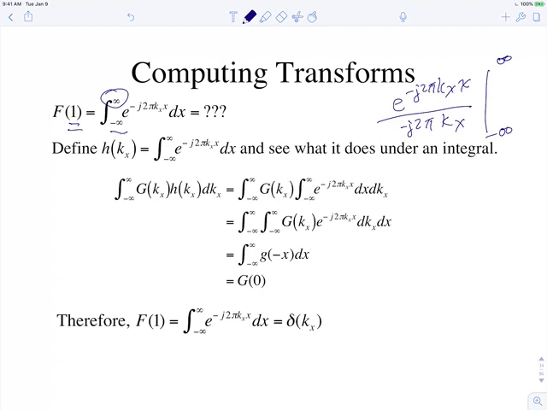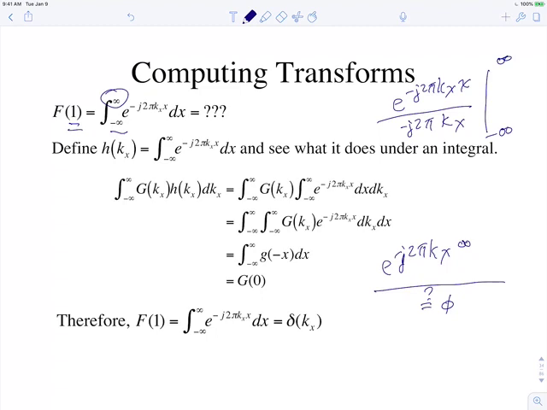Okay, so what's e to the minus j 2 pi kx at infinity? Anyone? So let's say e to the minus j 2 pi kx times infinity. One option is it's equal to 0. Does everyone agree that it's equal to 0?